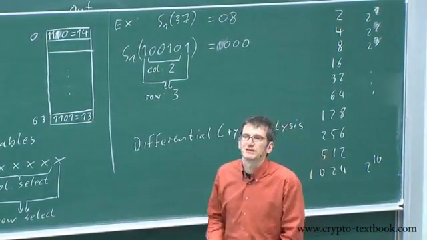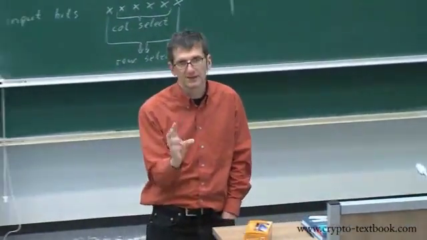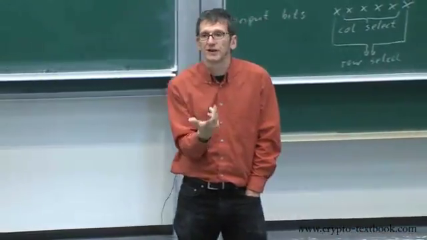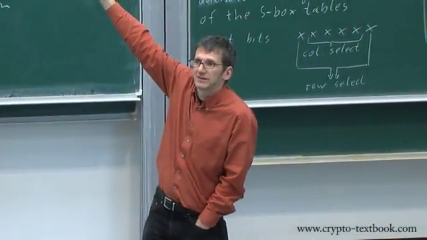And they found a way to break that, okay? And how good this differential cryptanalysis attack is depends heavily on the structure of the S box. That means how these tables are filled, okay?